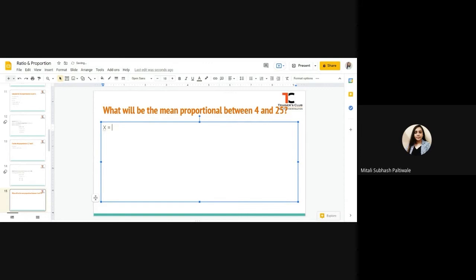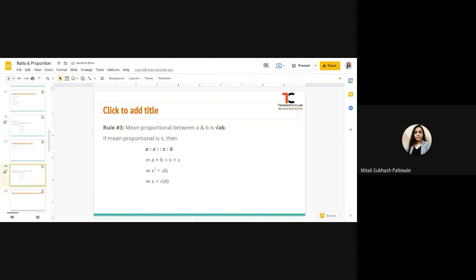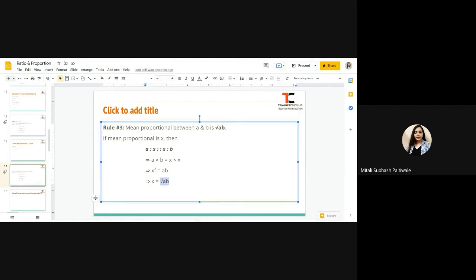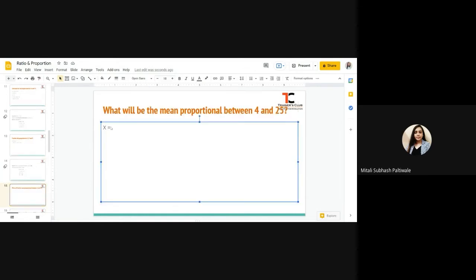X is equal to root of A and B, that means 4 into 25, which is nothing but root 100, which is nothing but 10.